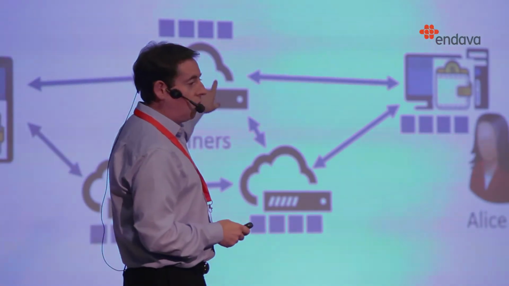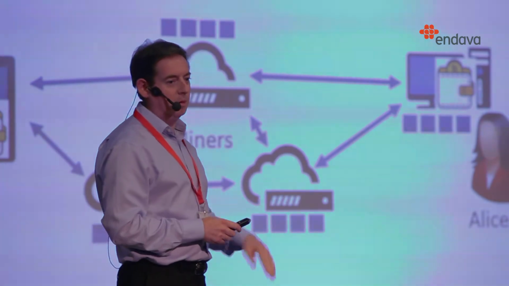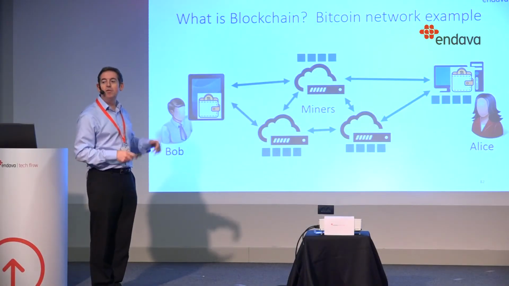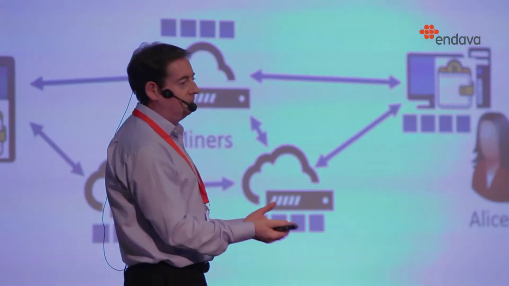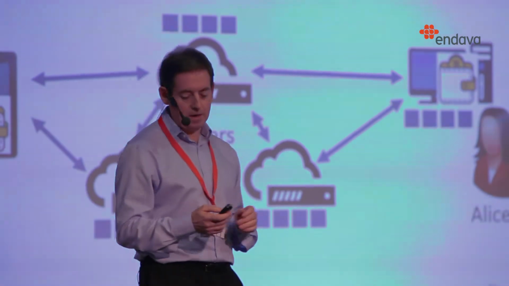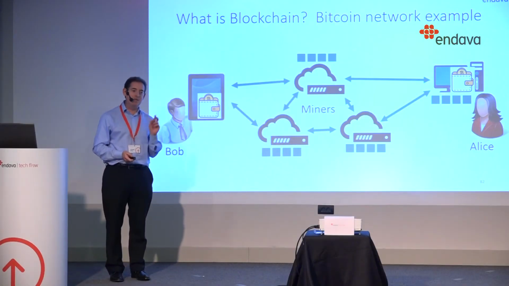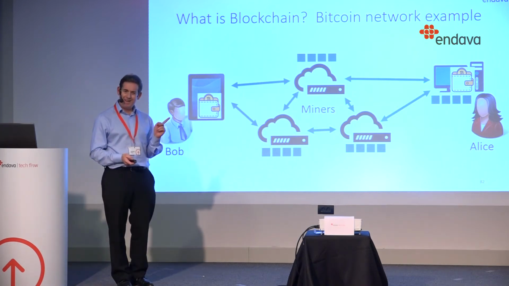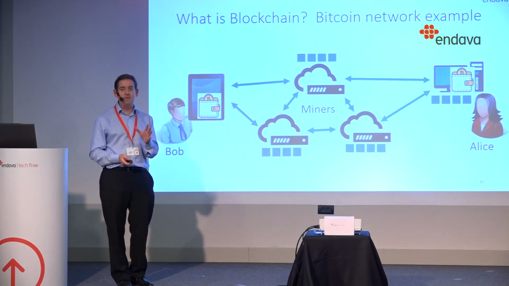All the miners have got every transaction in the world, including the one that Alice used to send money to Bob, and Bob's got nothing, because he hasn't got a blockchain. He is relying on everybody else following the rules and keeping his Bitcoin safe. And that's fundamentally how Bitcoin works. Which is why, the first time somebody explained this to the rest of the world, you can see they went, really? And it took quite a long time for people in banks to go, oh, maybe, which is roughly where they are today.